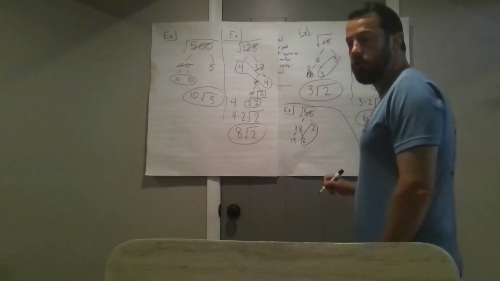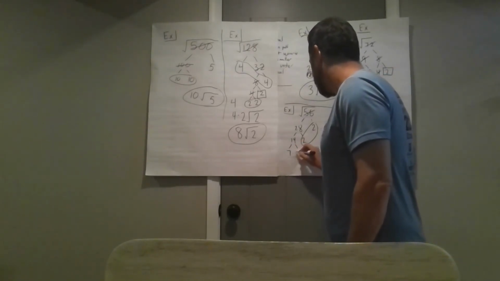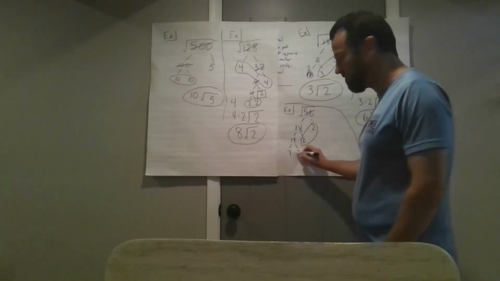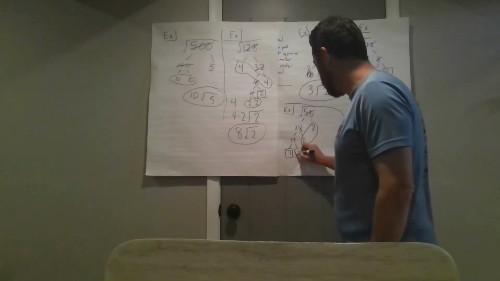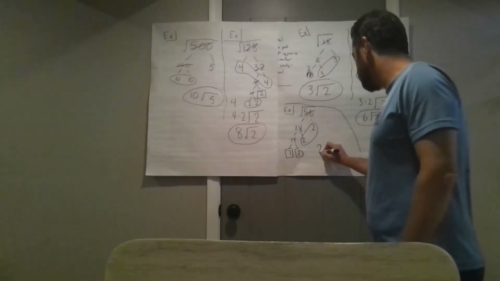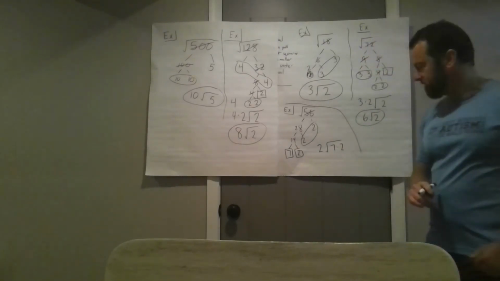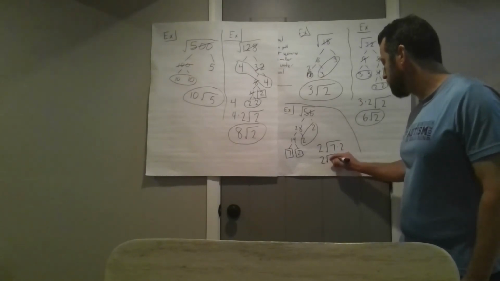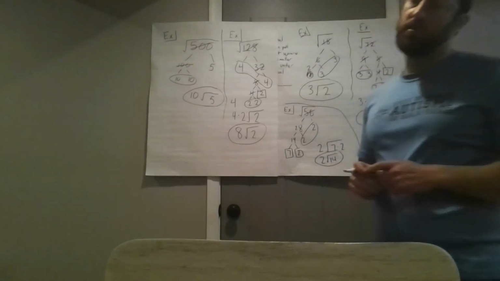I already see a partner. I know I'm going to have a 2 outside. 14 is 7 times 2. These are all broken down as far as you can. This doesn't have a partner, and this doesn't have a partner. 2 on the outside, 7 times 2 on the inside. 2 root 14 is our answer.